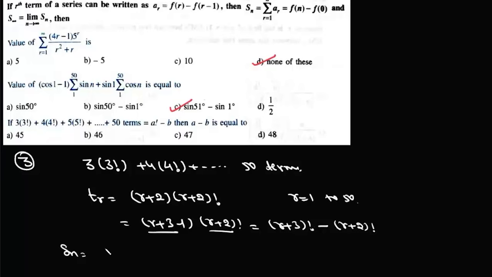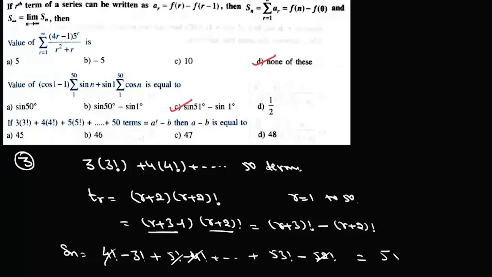Now when r is 1, this is factorial 4 minus factorial 3, then it will be factorial 5 minus factorial 4, and in the end we'll have factorial 53 minus factorial 52. All these successive terms will cancel.